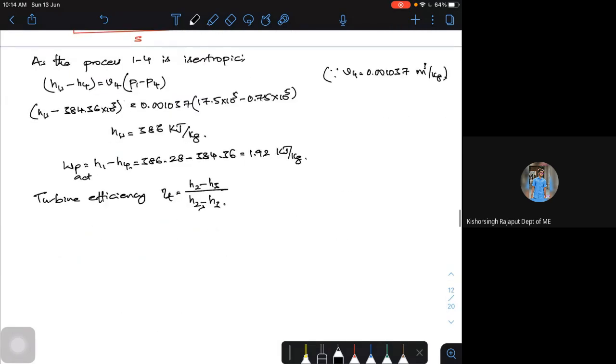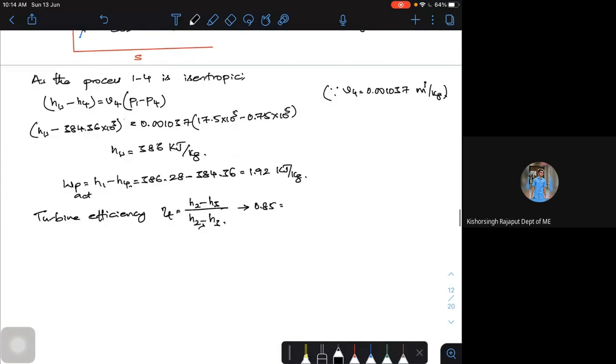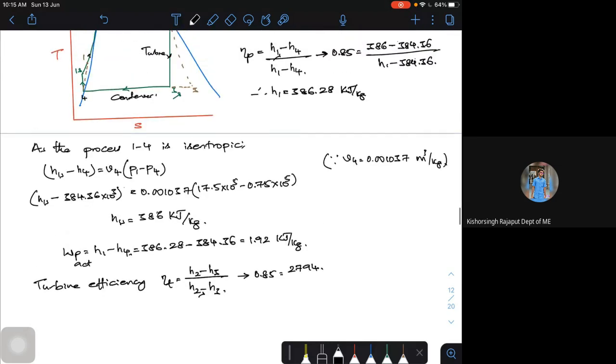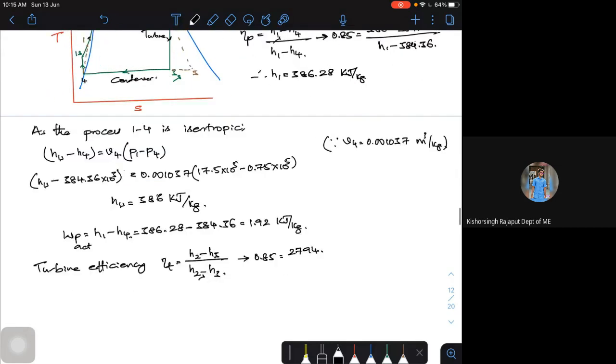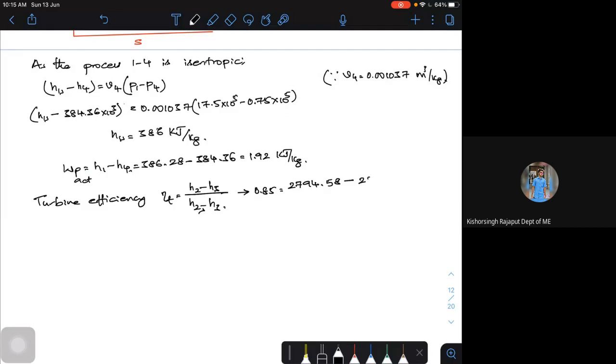So H2 minus H3 is equal to 0.85 times H2 minus H3S. H2 is 2794.58 minus H3S, that is 2275.58, because it is isentropic. Sorry, this is H2S. H2 we need to find, H3 we need to find.